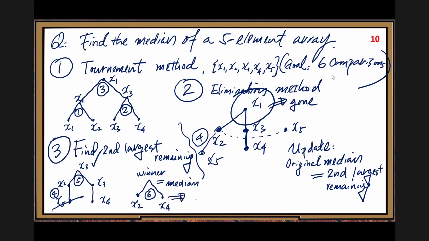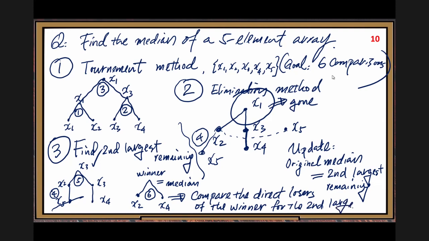So we compare the direct losers of the winner. The winner, we know, is the largest. Direct losers decide the second largest.